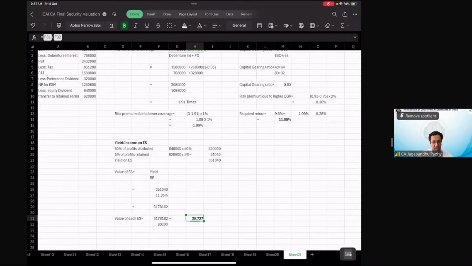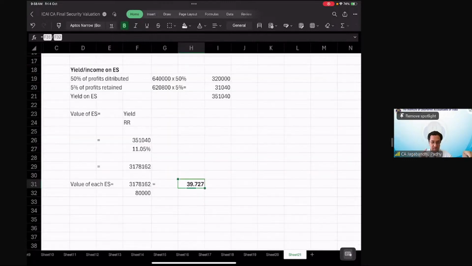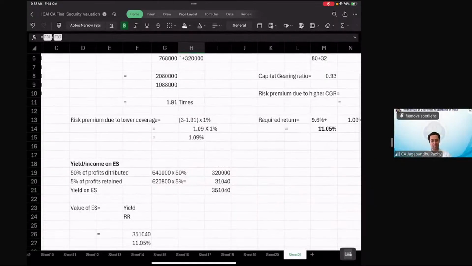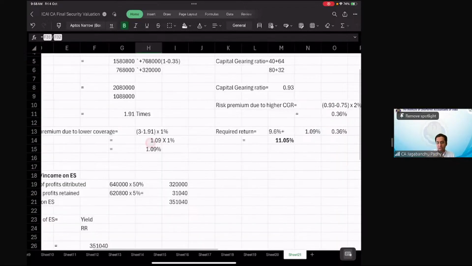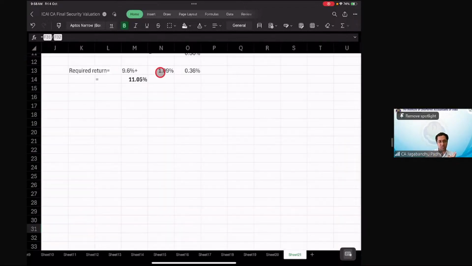So the different approach was different. They were not asking us to calculate retained earnings as your income. And we just took the present value of it. Now, to take the present value, we need a discounting rate. That discounting rate, a benchmark return, was given as 9.6%, to which we were supposed to add the risk premium. Now, that risk premium was dependent on two ratios.